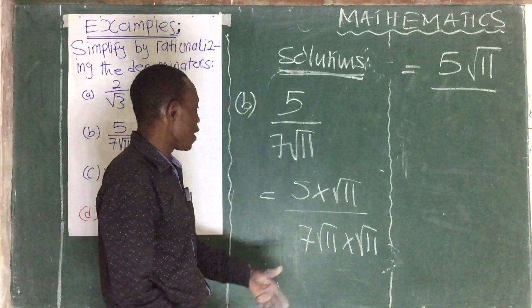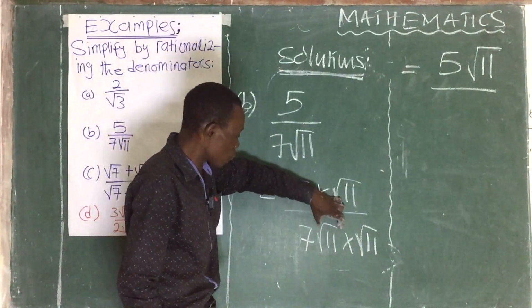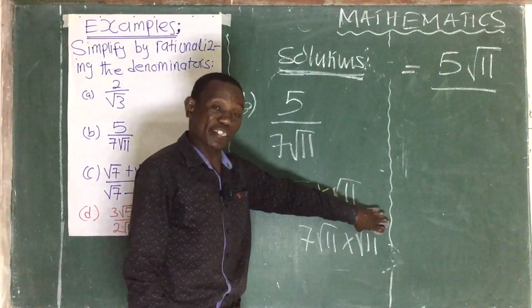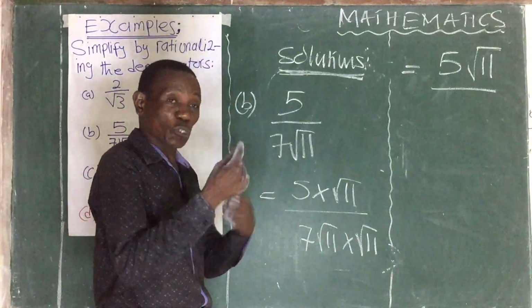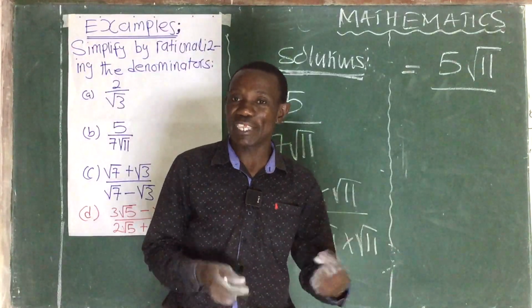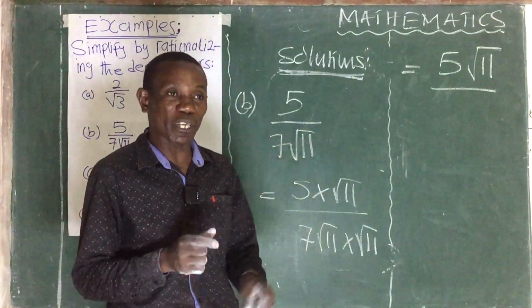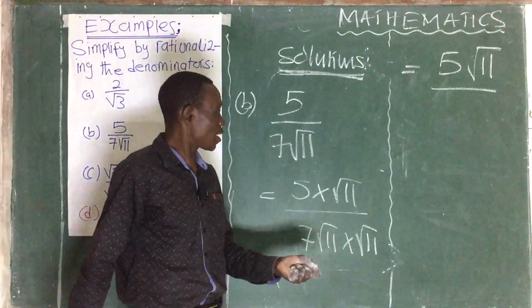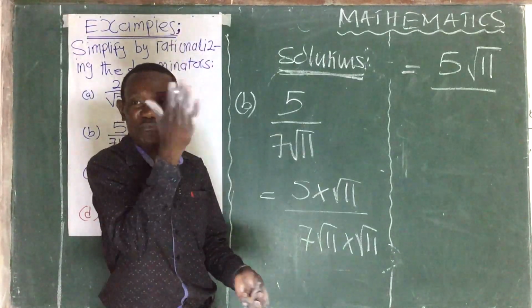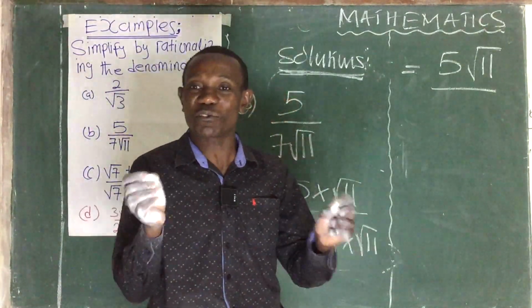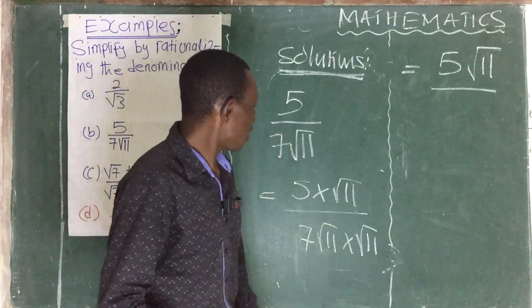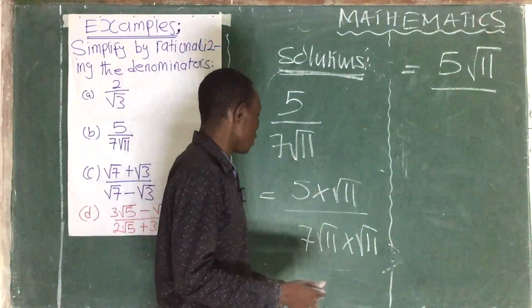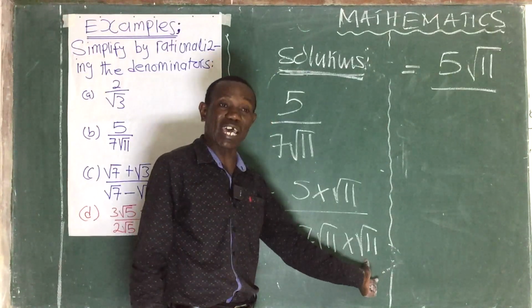I already explained earlier that when you multiply the root of a number by itself, the result is just the number inside the root. Like root 2 multiplied by root 2, the answer is 2. Root 5 multiplied by root 5, the answer is 5. Instead of saying root of 25, you then get square root of 25 again, which extends the process of solving. So our students have to apply the knowledge as quickly as we can.